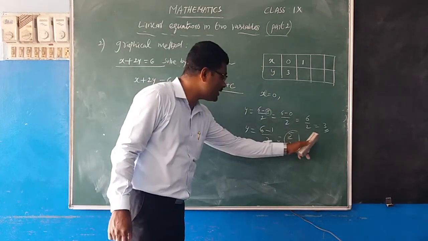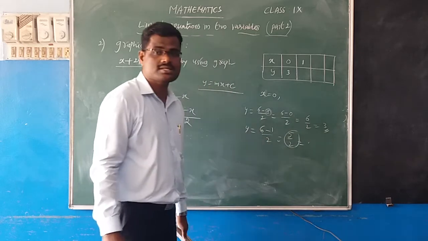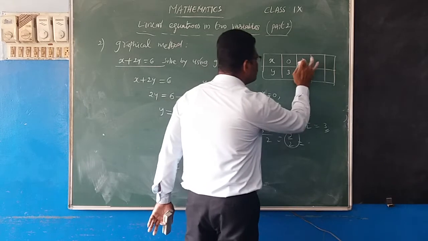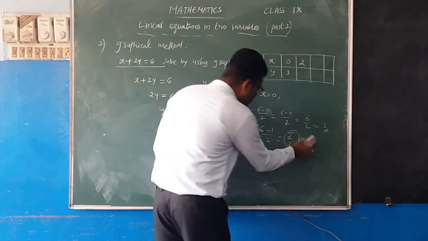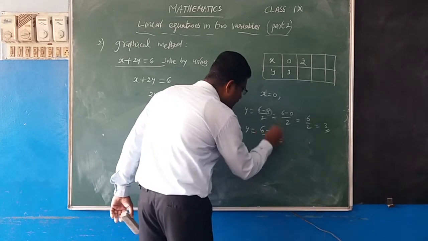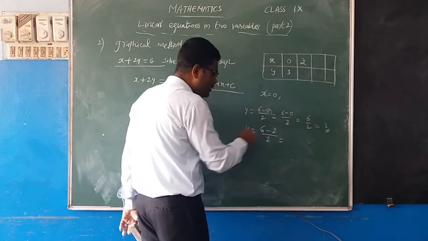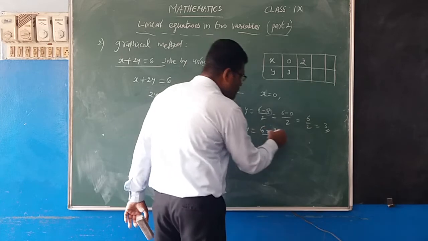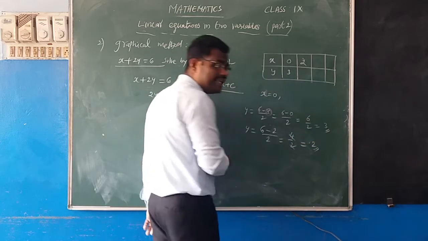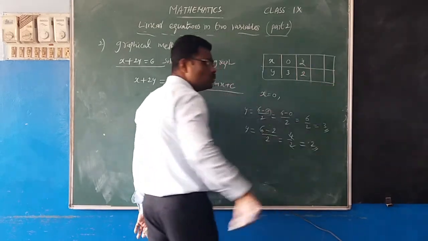If we get the answer in whole numbers, then we can take it. Now jump to the next number. Let's take 2. If it is 2, what happens? 6 minus 2 by 2. Don't cancel this. This is different. First simplify the numerator. 6 minus 2 is 4 divided by 2. 4 by 2 is 2. Now you can say, if x is 2, y is 2.